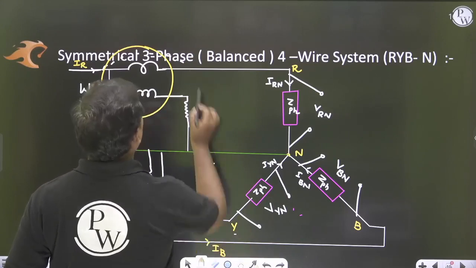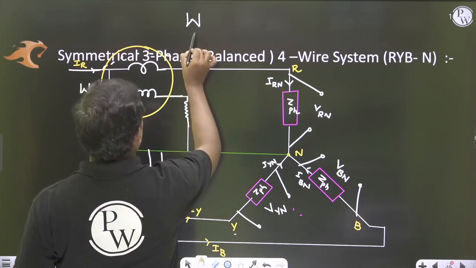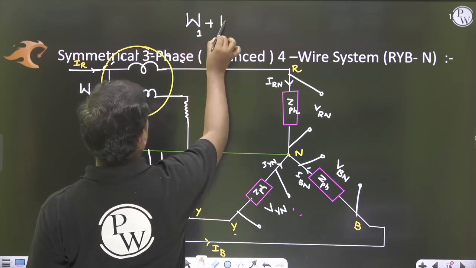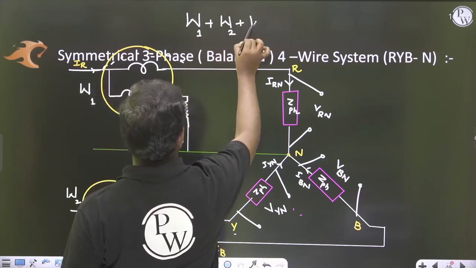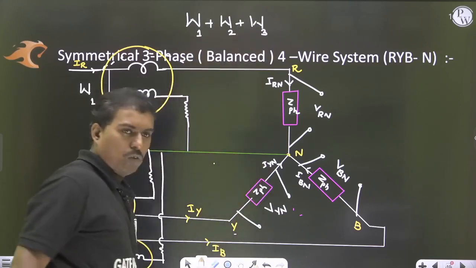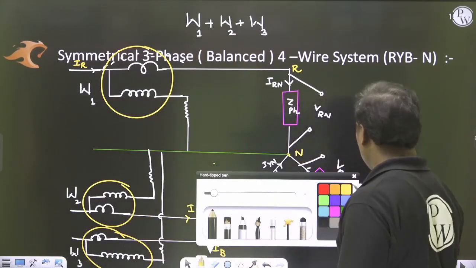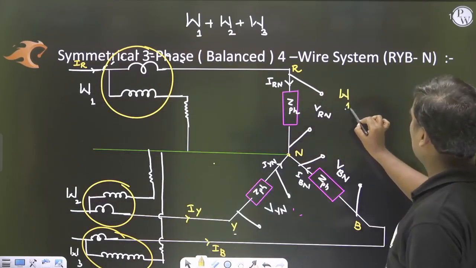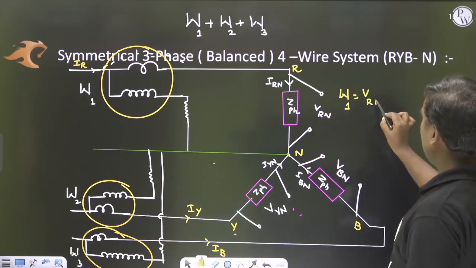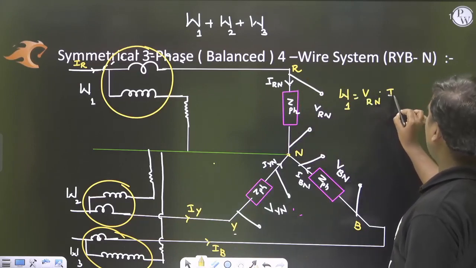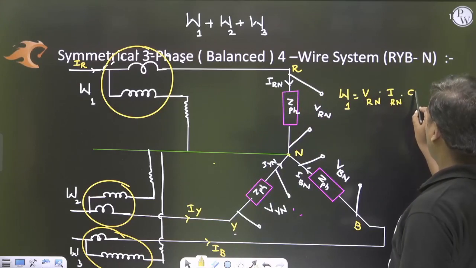So the total power here is equal to W1 plus W2 plus W3. The reason is, here your W1 will give you VRN, IRN cos phi.